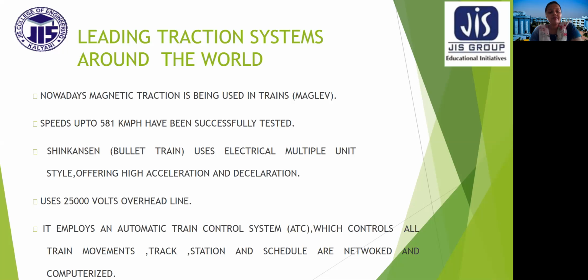It uses 25 kilovolts overhead line. It employs an automatic train control system, known as ATC, which controls all train movement; track, station, and schedule are networked and computerized. All these examples you can see on the internet also.